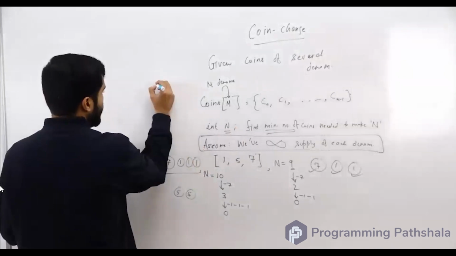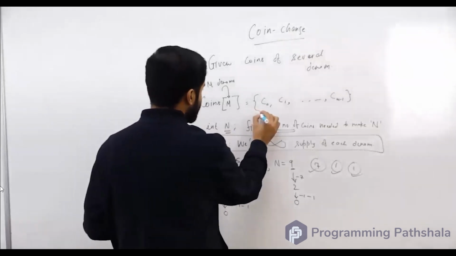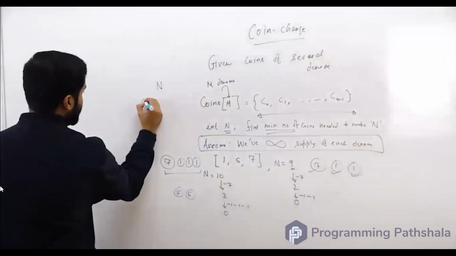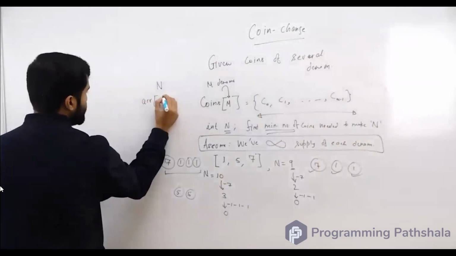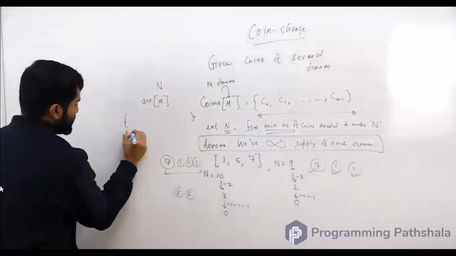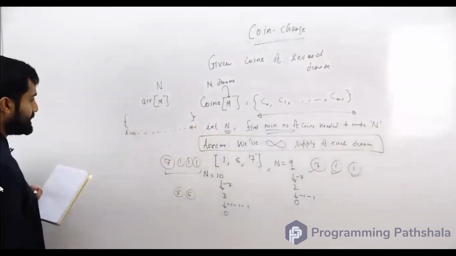Let's say you want to make n rupees, okay? And this is the array that you have, of size m, starting from i equals 0 to m minus 1, and there are certain elements in this.